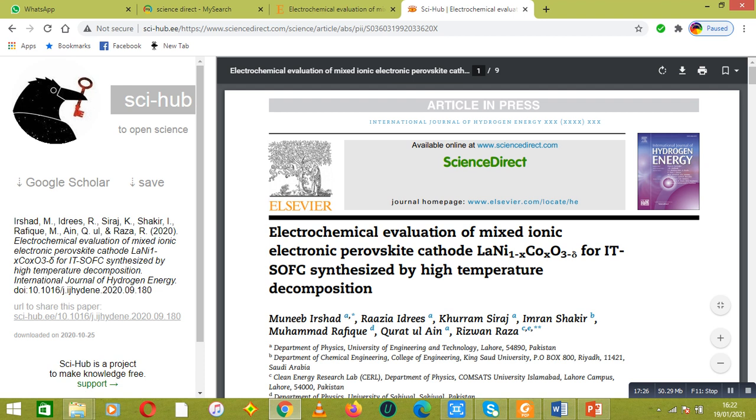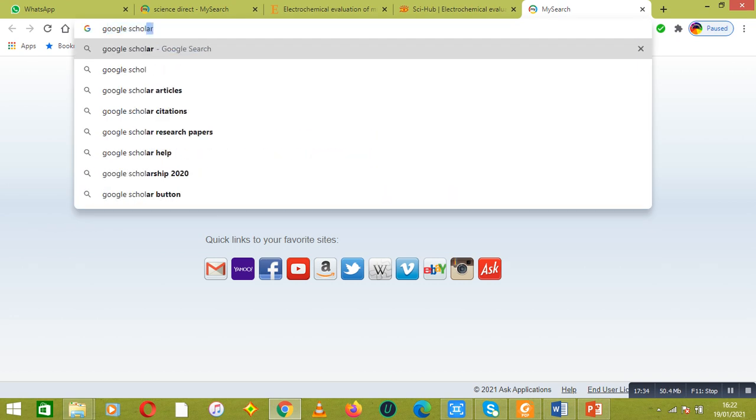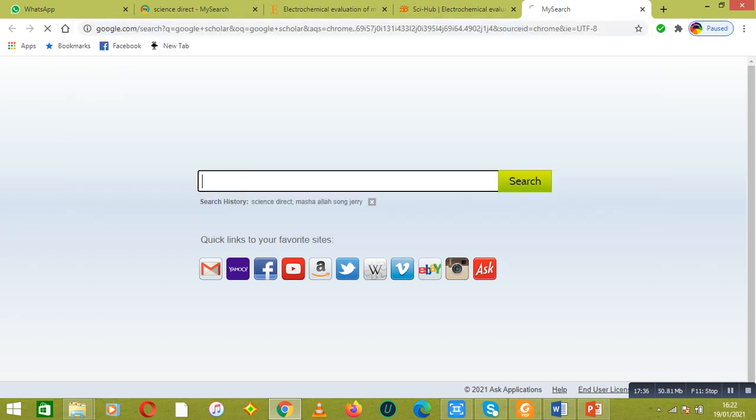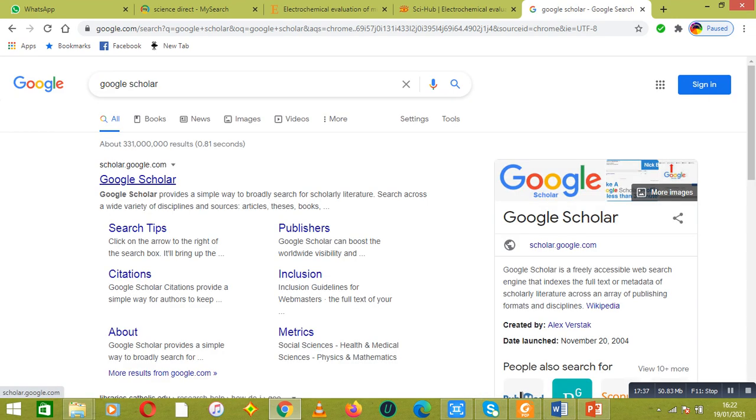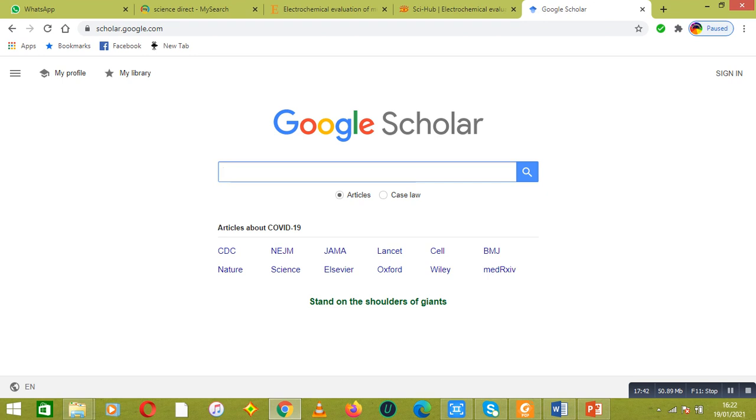Just copy that and put it in Google Scholar. Here you can see, yes, this is the paper. But the same problem, it could not give open access. So again you must go to the sciencehub.ee website and put its URL and it will open that paper.